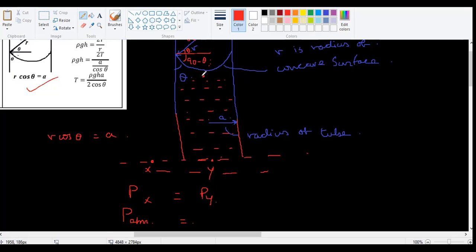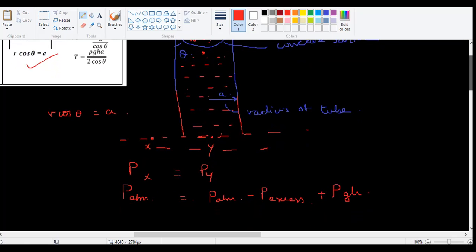So what we do here is P atmosphere minus P excess, that will be the pressure here, plus the rho g h.